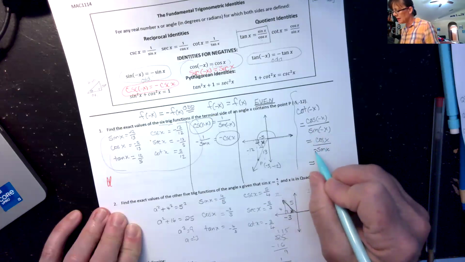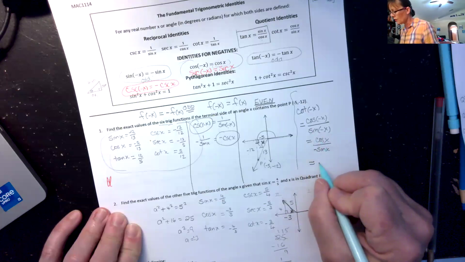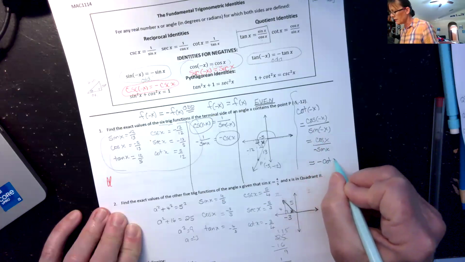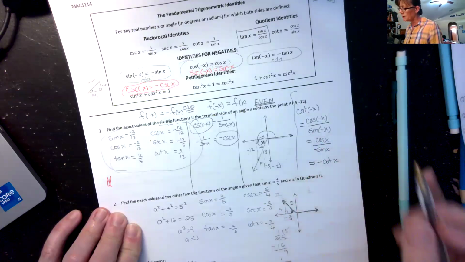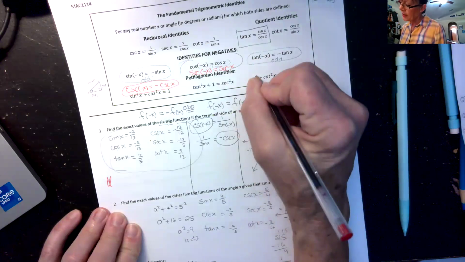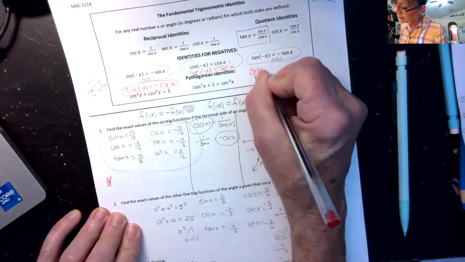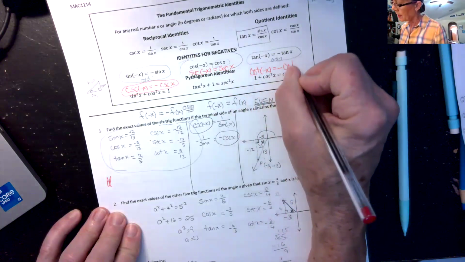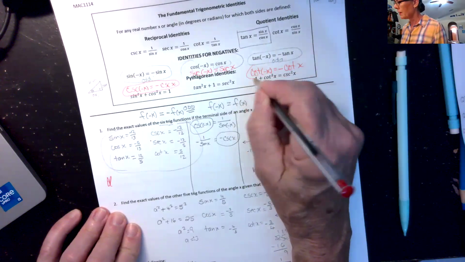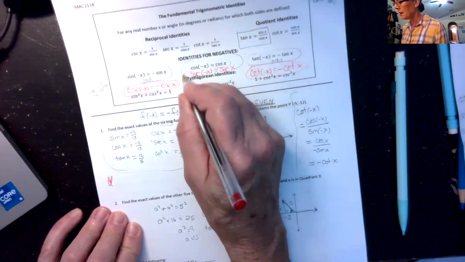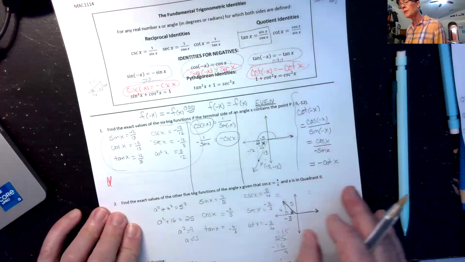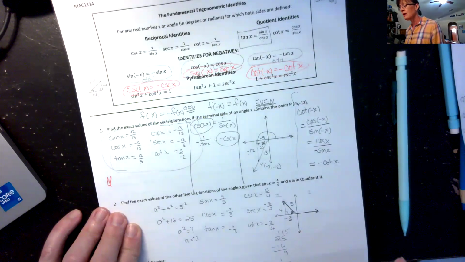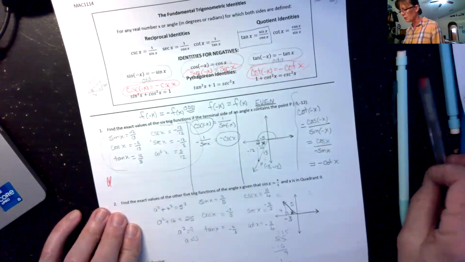So this is really negative cosine over sine, or negative cotangent of x. So we have another identity: the cotangent of negative x is equal to negative cotangent of x. So we've developed 3 more identities, and we will see more about developing identities when we get to verifying identities.